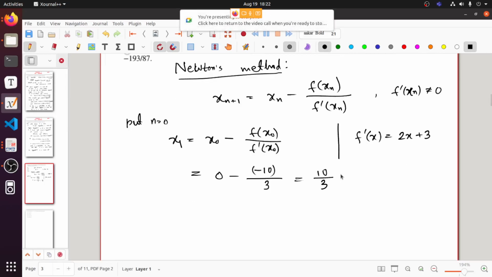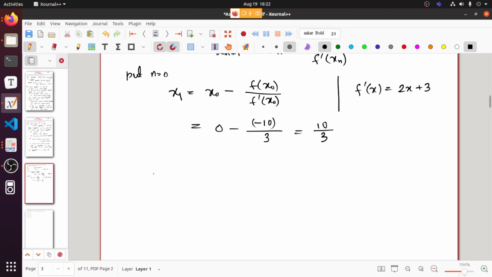Now we have to find x2 using x1. So what will be x2? x2 will be x1 minus f of x1 by f dash x1, right? So just write down what it is. It will be 10 by 3. What will be f of x1? Just compute f of x1. f of 10 by 3, what will you get?